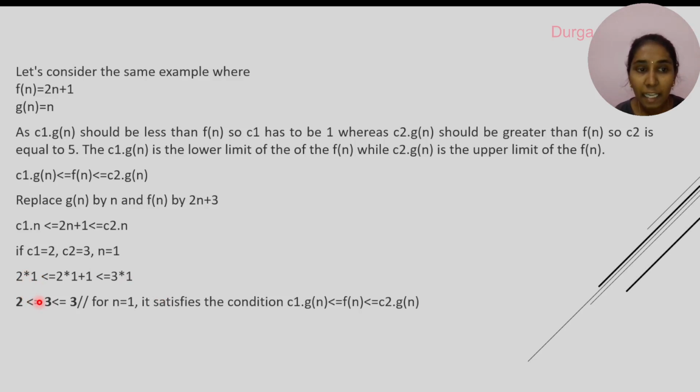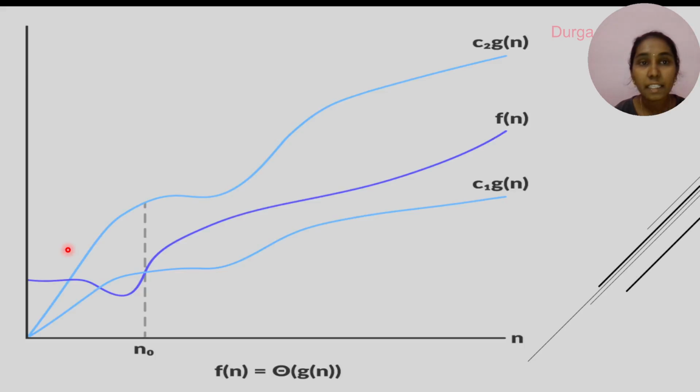So 2 less than or equals to 3 less than or equals to 3. So this condition is true. By this we conclude C1 dot g of n less than or equals to f of n less than or equals to C2 g of n. You can try with different constant values and different inputs also. Okay, so I hope it is clear.